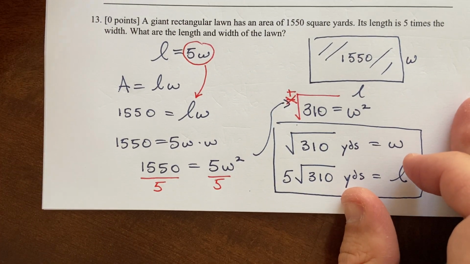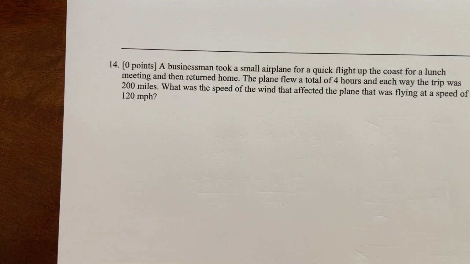Okay, on to number 14. It says a businessman took a small airplane for a quick flight up the coast for a lunch meeting and then returned home. It says the plane flew a total of 4 hours, and each way the trip was 200 miles. What was the speed of the wind that affected the plane that was flying at a speed of 120 miles per hour?